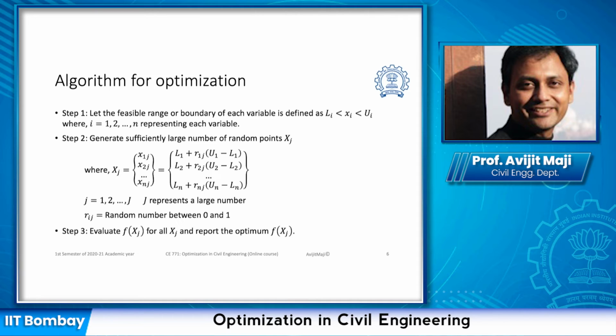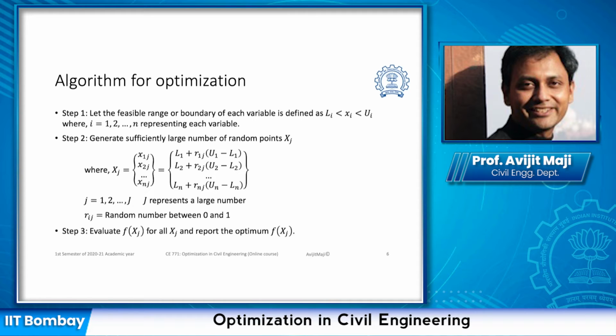Now, the algorithm is very simple. Each variable can be represented by its lower and upper bound. Once we know the lower and upper bound of each variable of the multivariable objective function, we generate random numbers which represent any number between the lower and the upper bound of each variable.